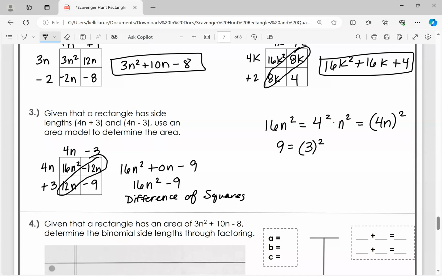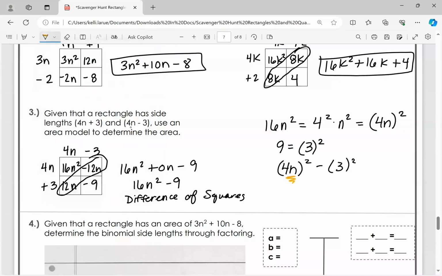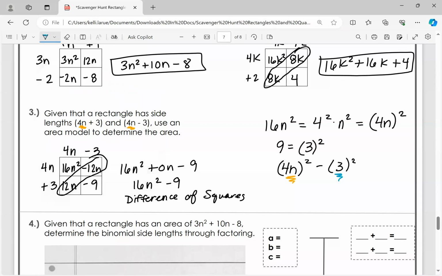So that difference of squares pattern that we see is 4n, that's the base, squared minus our other base 3 squared. And if you ever notice this, there's a nice connection with those factors. So I'm just highlighting to point that out, because it can help you save time whenever you're trying to factor quickly and you don't have to show your work.